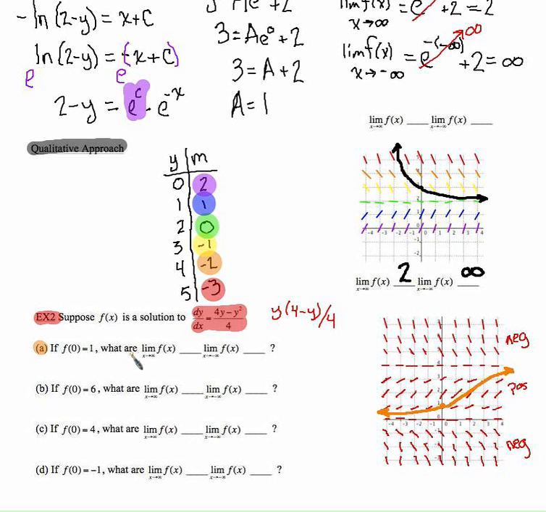And then, to answer the limit questions, the limit of the function, so this orange is the function, as x approaches infinity is going to be 4, and as x approaches negative infinity, this is going to be 0.